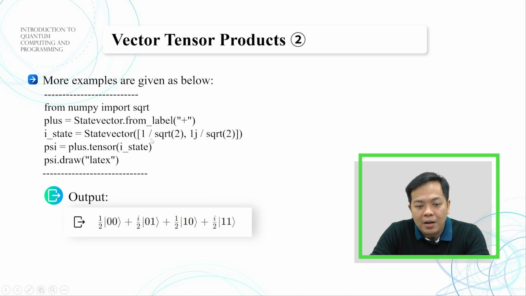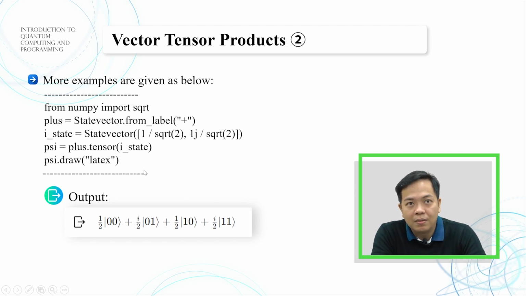Here we have plus equal to the matrix 1 over square root 2, and 1j over square root 2. We already mentioned this in the previous lesson.